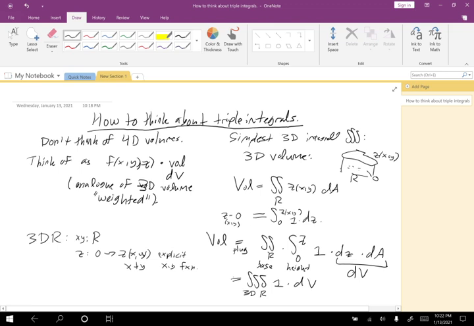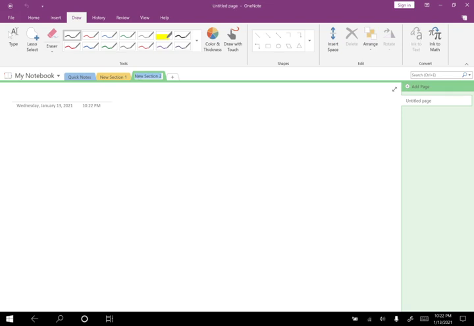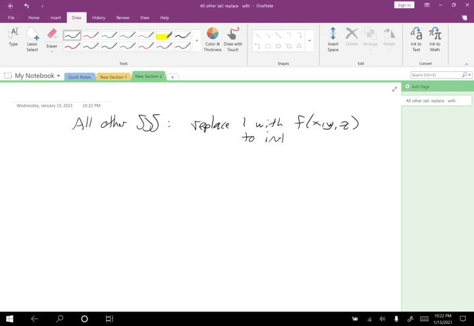And so I claim then that for all the other triple integrals, you're just going to replace 1 with some function f of x, y, z to integrate. So our integral over r and then 0 to z, and we have 1.